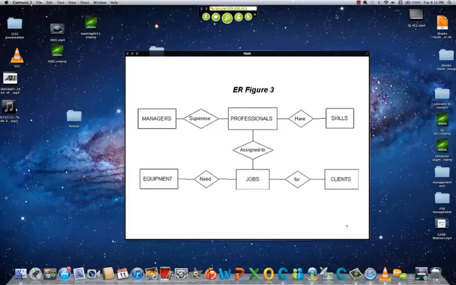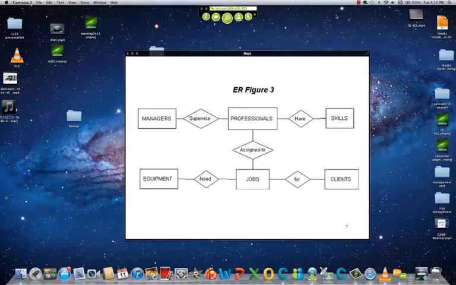You will keep information about them, okay? And then this ER diagram, entity-relationship diagram, shows how those things which you are interested in relate to each other, okay? Through those relationships, through those diamonds, okay?